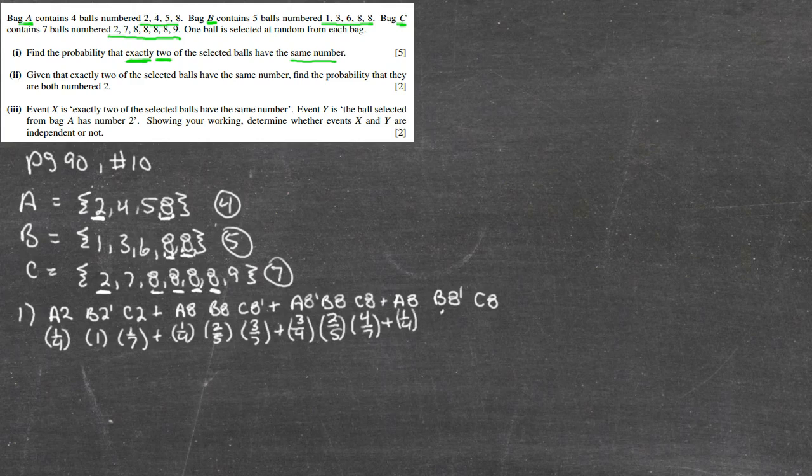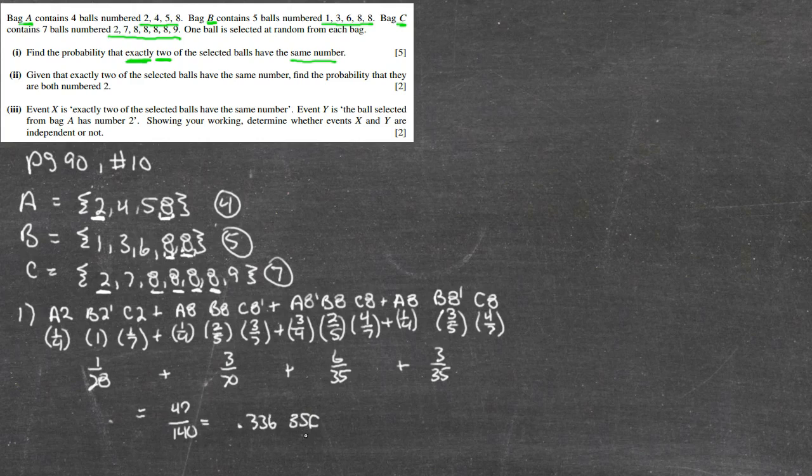So it's 1/4 times 3/5 times 4/7. Now all we have to do is multiply and add, and we end up with our solution, which is 47 over 140, or 0.336 to 3 significant figures.